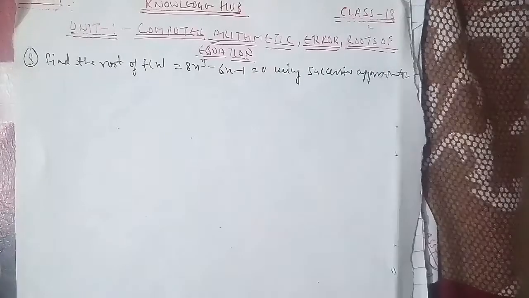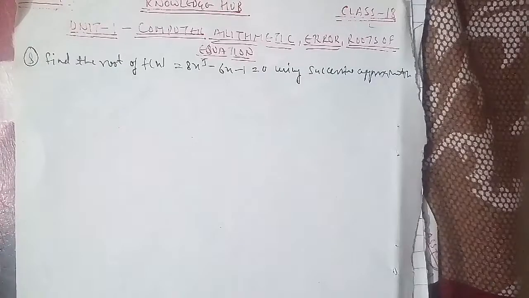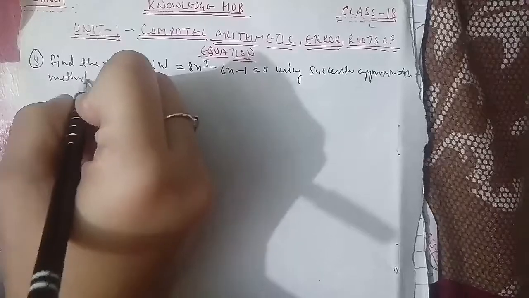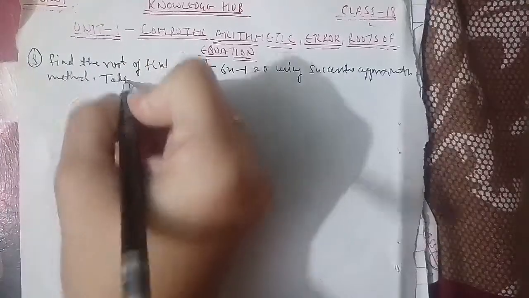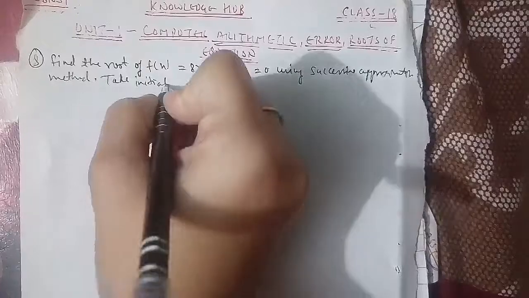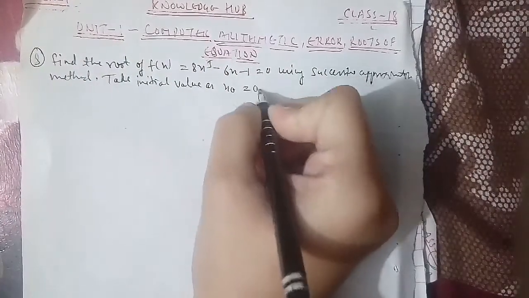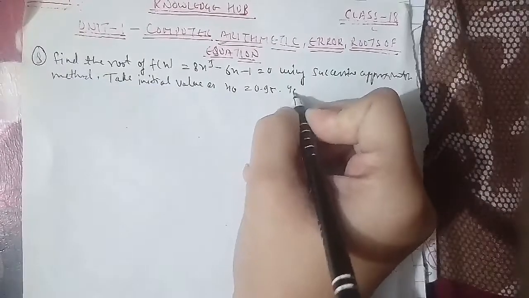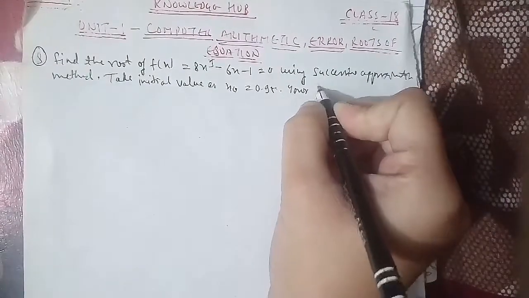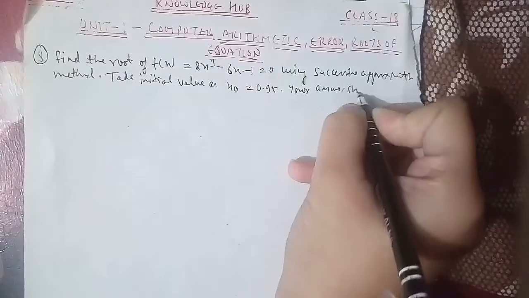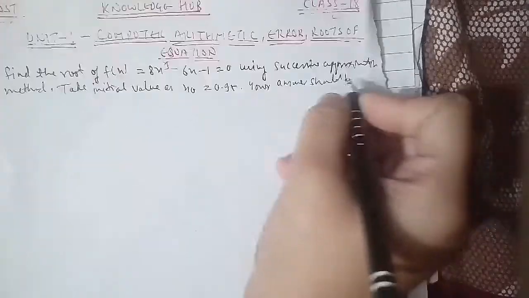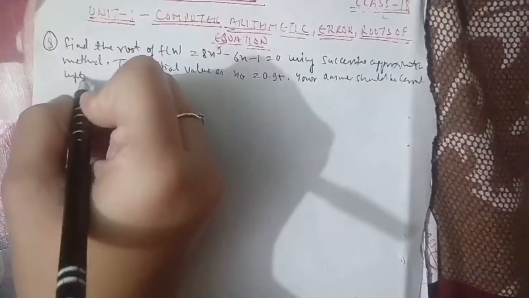Take the initial value x0 = 0.95. Your answer should be correct up to 4 decimal places.